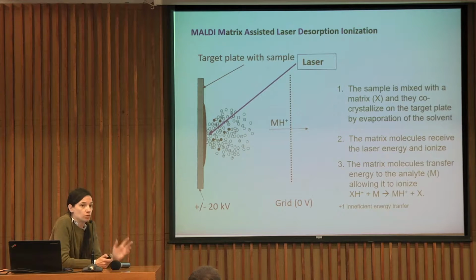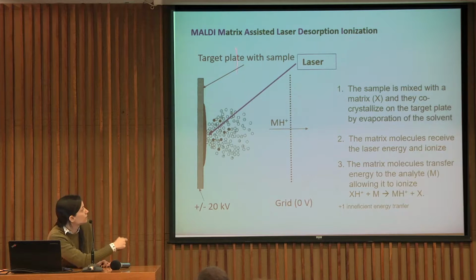In the case of proteomics, there are two main ionization methods. One of them is MALDI. MALDI stands for Matrix-Assisted Laser Desorption Ionization. For MALDI analysis, the sample is mixed with a matrix, and they co-crystallize on a target plate by the evaporation of the solvent.